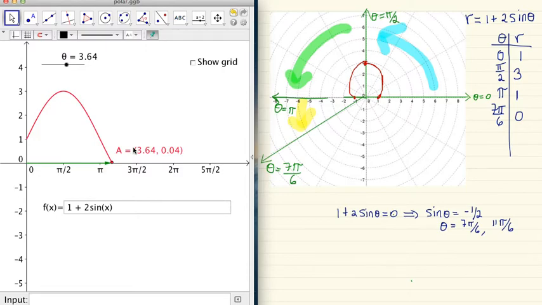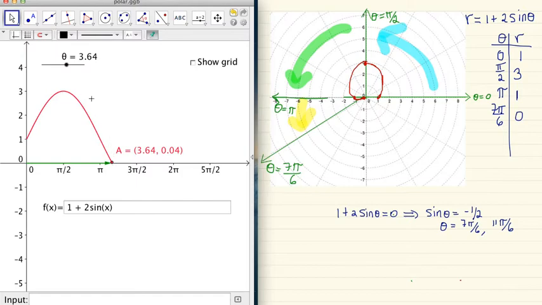So I'm going to end up at the origin. And r is decreasing right here, right? So I'm going to curl into the origin on that part of the curve through those yellow angles, in the yellow region.